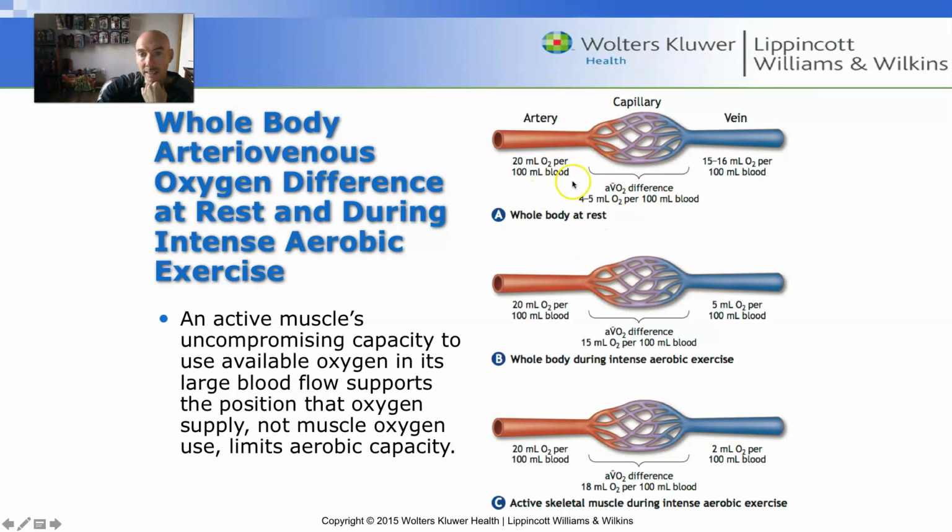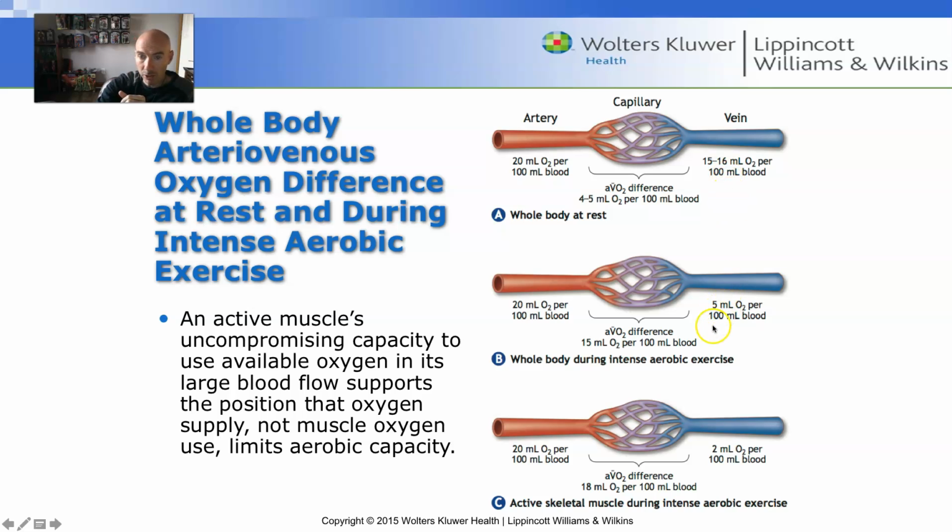So notice at rest, the AVO2 difference is 4 to 5 milliliters, meaning not very much oxygen is taken out of your blood at rest by various muscles because they don't need as much, right? During exercise, though, we see that the number gets bigger, right? So what does that mean? If we go from 5 milliliters to 15, that means more. Look, actually, this might be the key thing. We have 20 and 20. Over here, we still have 15 milliliters of oxygen.